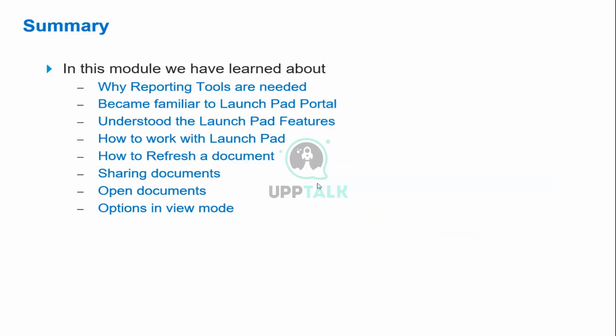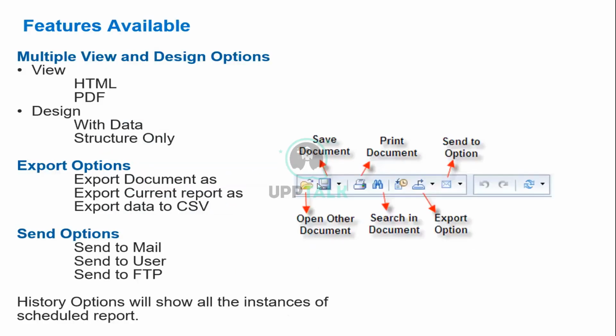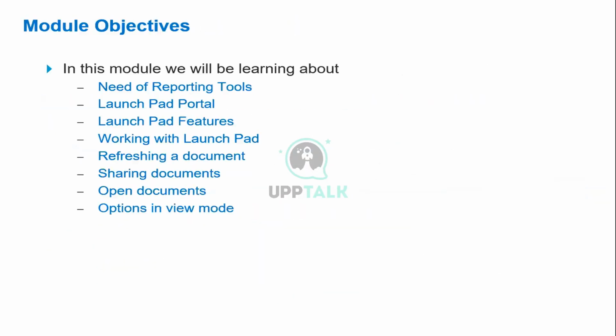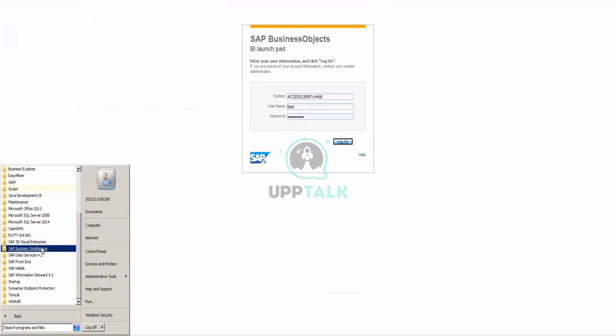These are the modules. I will now open that Webby tool and show you all these things which we have covered. If you want to access Web Intelligence, in the Start button, if you see here, SAP Business Intelligence, SAP BusinessObjects BI Platform 4.